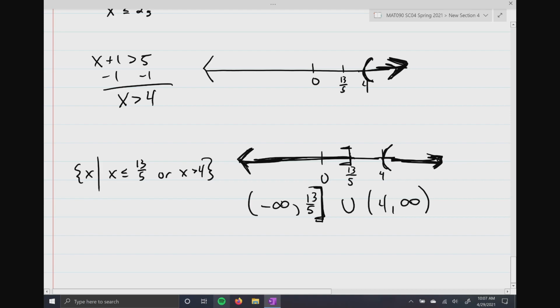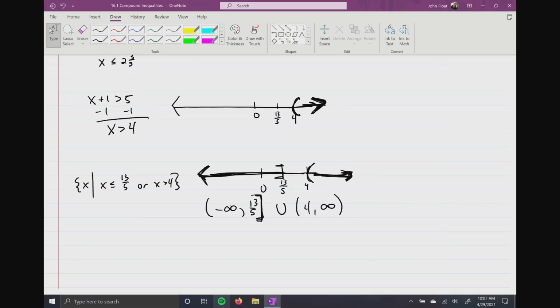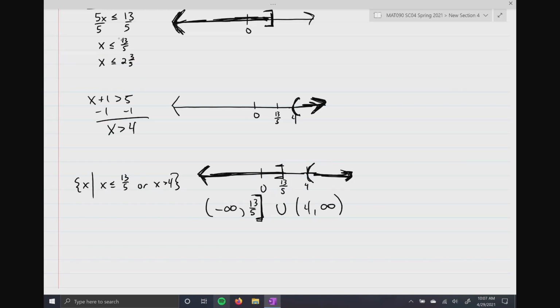Well, let's check something. Because I know when I was learning this, this always bugged me. What about this region right here, where I just put that little red circle? Give me a number inside that region. Now remember, this is really 2 3/5. So what's a number in between 2 3/5 and 4?